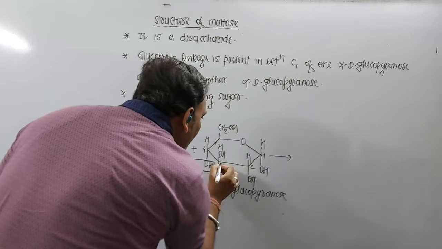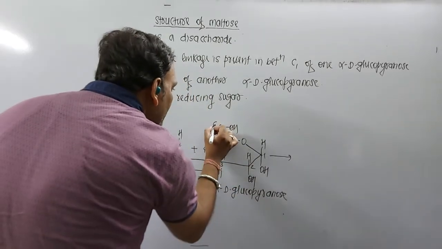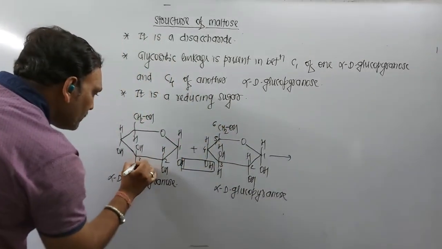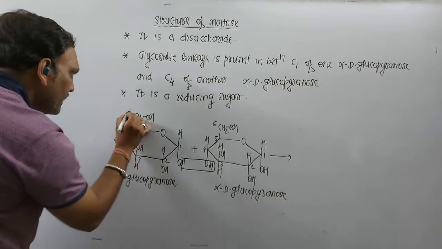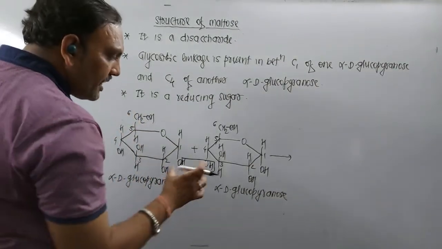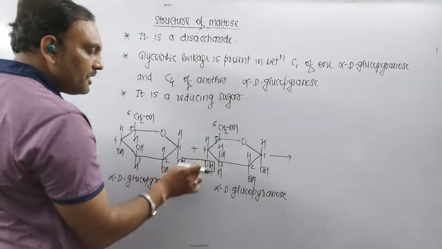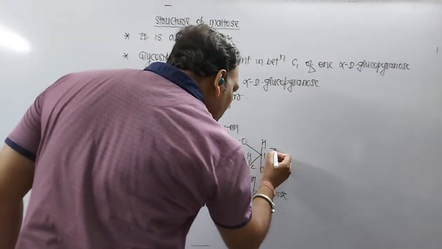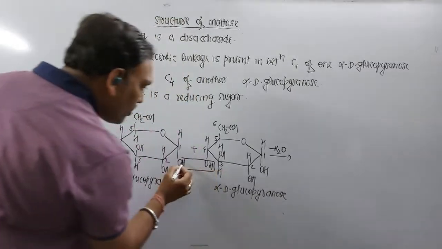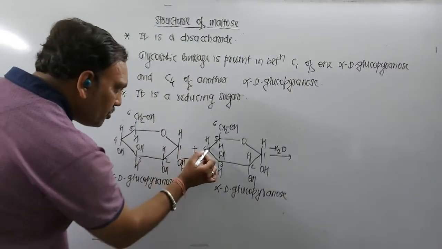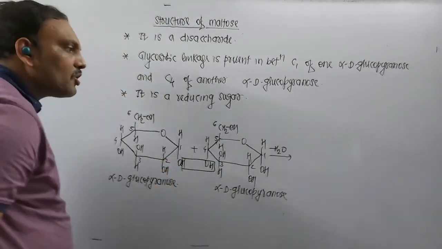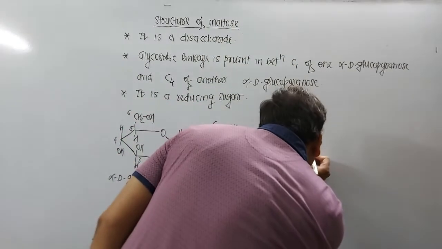Carbon 1, 2, 3, 4, 5, 6 and 1, 2, 3, 4, 5, and 6. Now there is a bonding between two carbon atoms, that is C1 and C4. So the departure of water can be shown, and these two carbon atoms are connected by means of a glycosidic linkage.